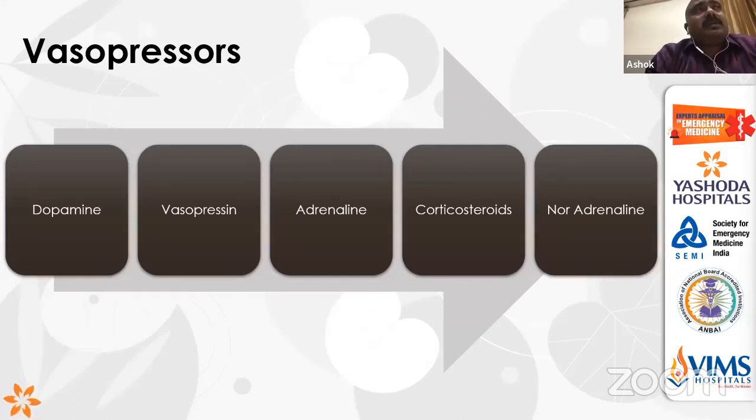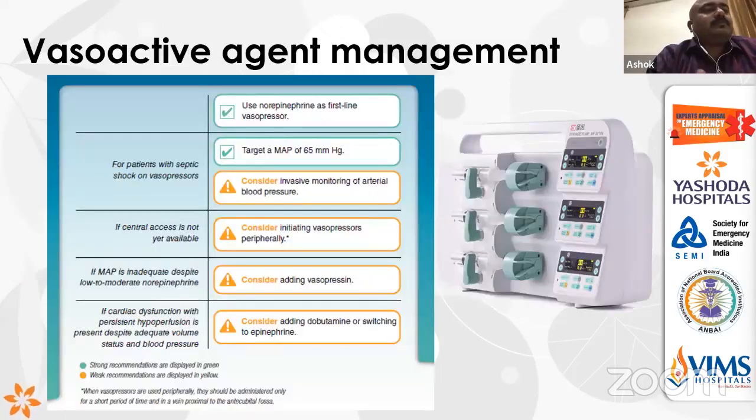Sir, as you already have emphasized more on culture negative sepsis, there are two challenges here, sir. One is regarding antibiotic de-escalation and escalation, and the other one is convincing the patient and patient attendants. How do we manage these two, sir? Basically, culture negative sepsis.